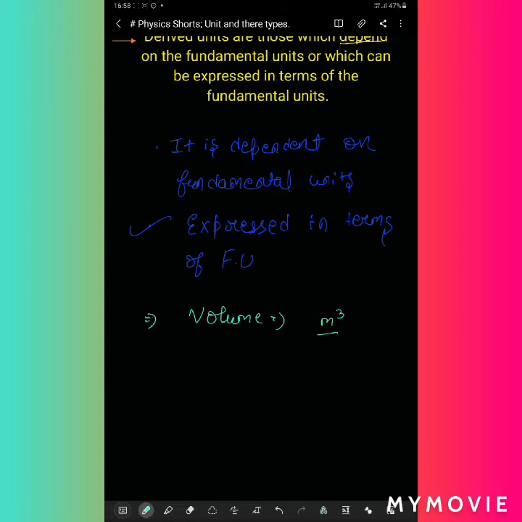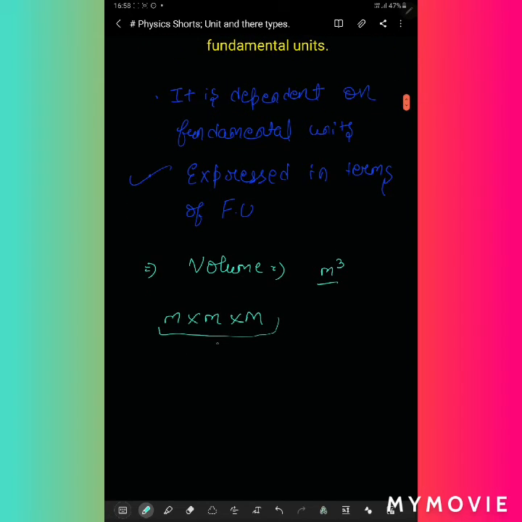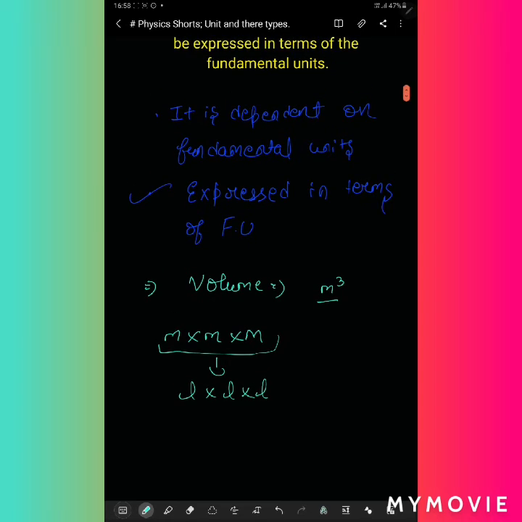How is meter cube formed? When we multiply meter into meter into meter, that is length into length into length. And we know that length is a fundamental unit. Here this derived unit is being expressed in terms of fundamental units.